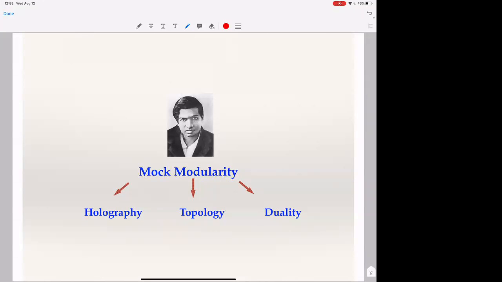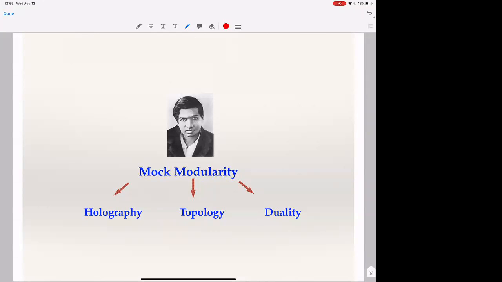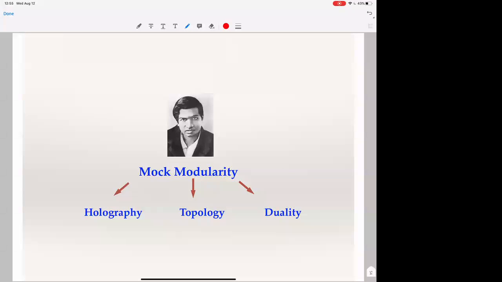So you are saying that it could be some special class of mock modular forms. Right now it's a very large class. Yeah, unfortunately there is no classification. There's no classification, and whether there's some way to tame that zoo by imposing some additional conditions they should obey.